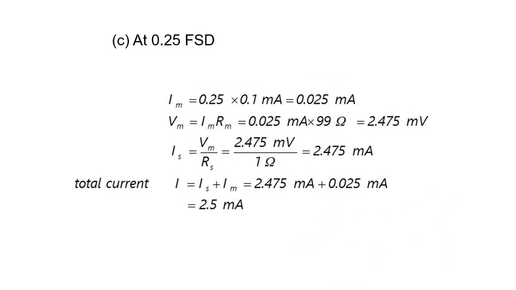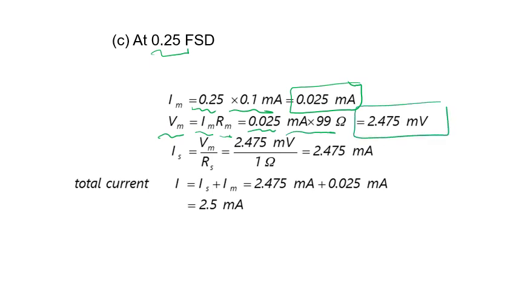Same thing with 0.25 of the full scale deflection. We are going to allow 0.25 of the current to the PMMC. So 0.25 of the PMMC current equals this much. Then after that, we are going to calculate the voltage Vm. We know that Vm equals ImRm, the current times the resistance of the PMMC, equal to this voltage. Now from this voltage, we will be able to calculate the current in the shunt.